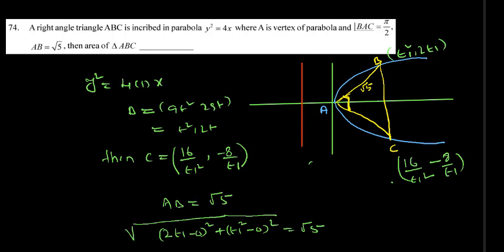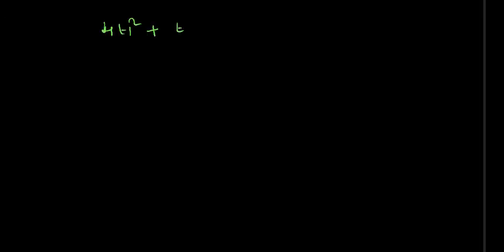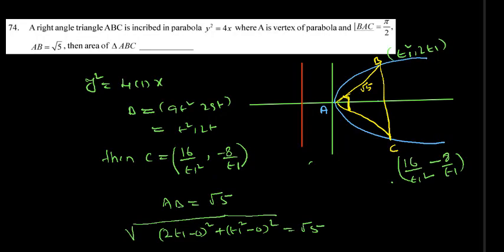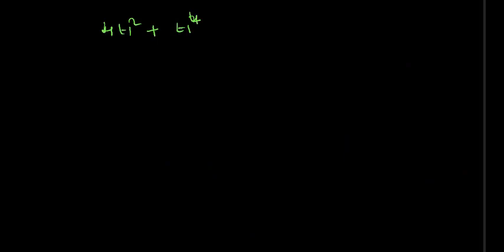So t1 power 4 plus 4 t1 square equals 5. I can write t1 power 4 plus 4 t1 square minus 5 equals 0. It is a quadratic in t1 square, so now I can solve for t1 square.